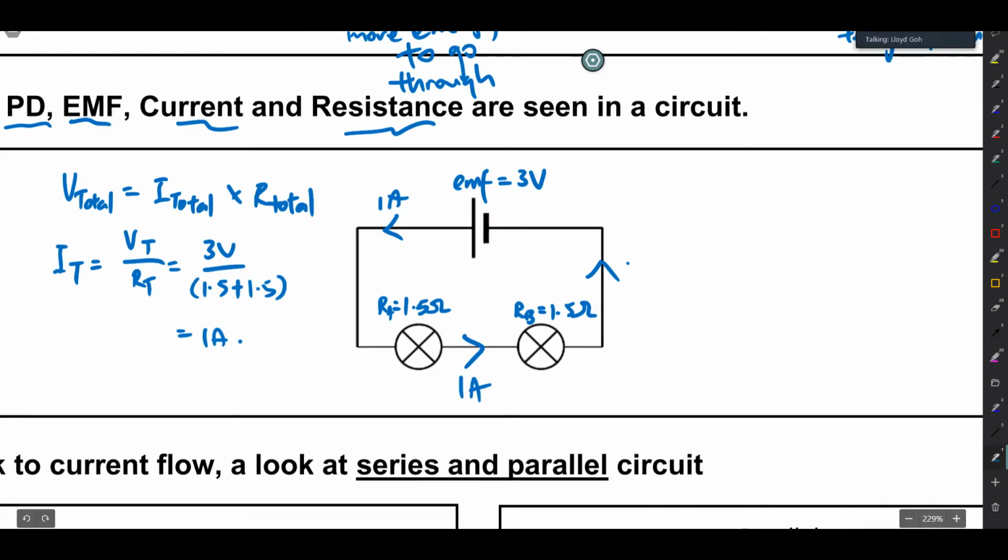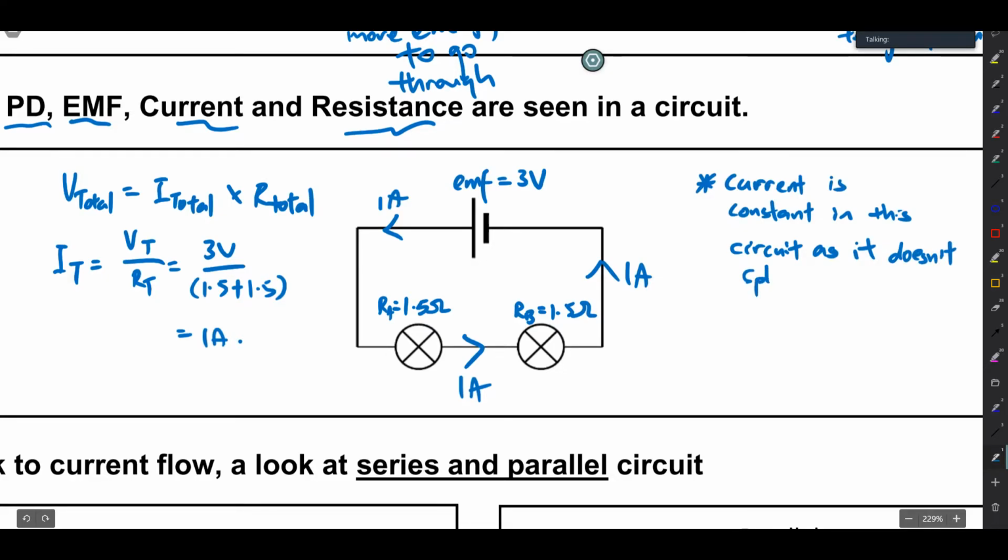The current here will be 1 ampere, the current here will be 1 ampere. Take note that current is constant in this circuit, as it doesn't split. You all have learned this in Sec 2 roughly.